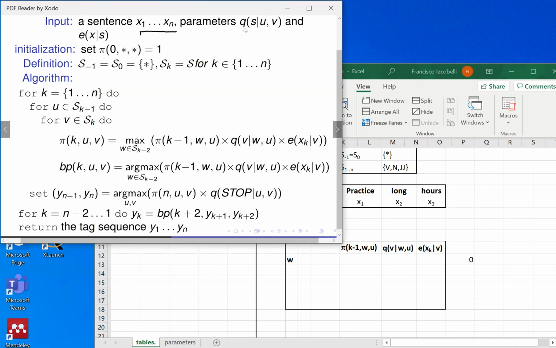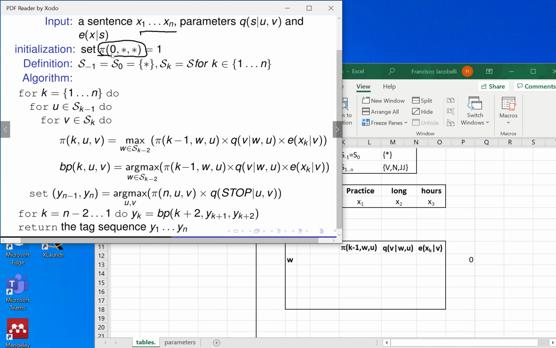The parameters q of 3 different tags, tag s, tag u, and tag v, and the emissions of any given word with their tags. And I just showed you that earlier. We're going to initialize this, and we're going to have to store a table, we call it pi. I'm going to have to store the table pi that will have 3 indices, an integer and 2 strings.